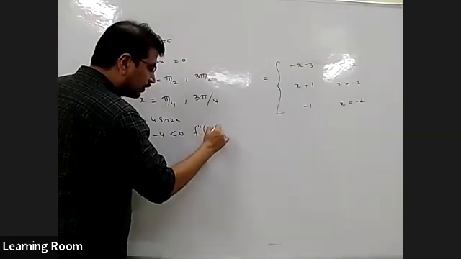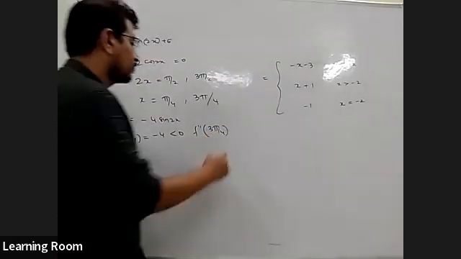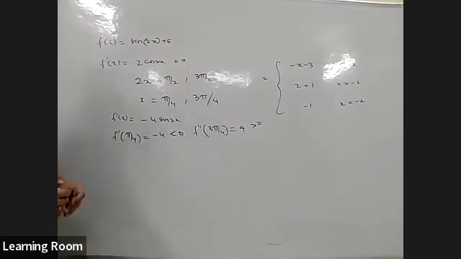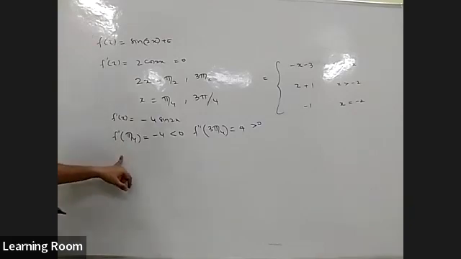F double dash of 3 pi by 4 is plus 4, which is greater than 0. So it has a maximum value at pi by 4 and a minimum value at 3 pi by 4. Find out the values.